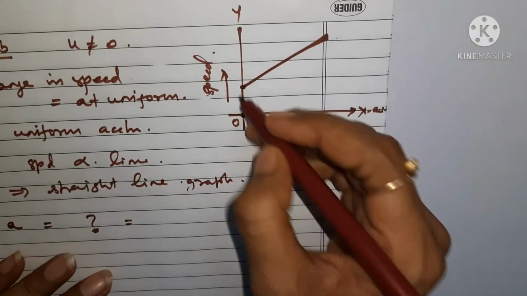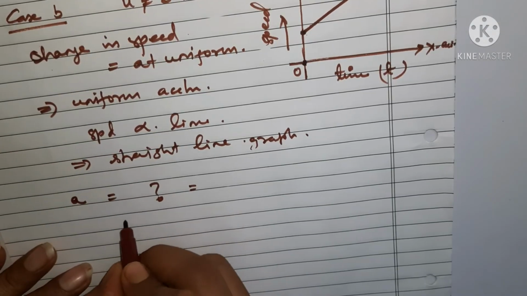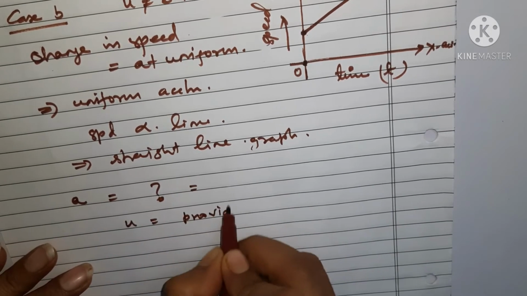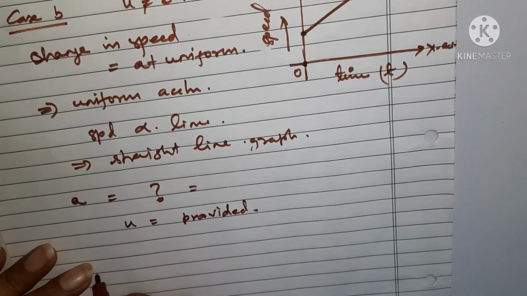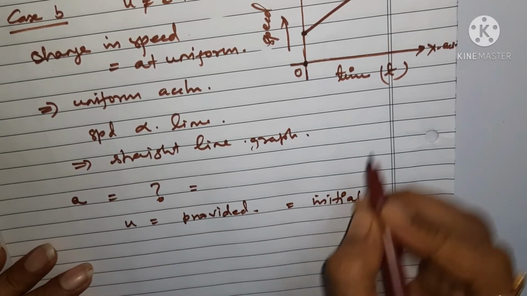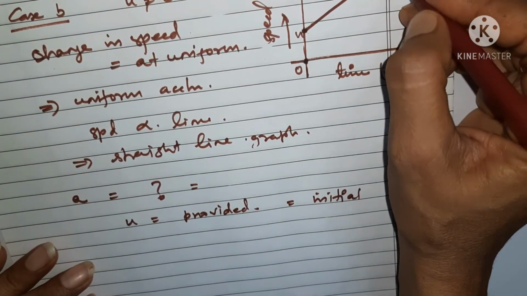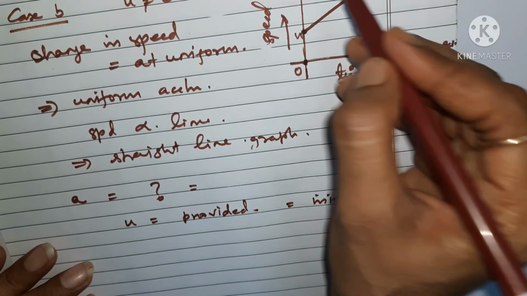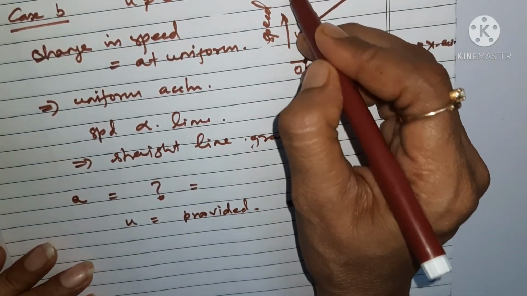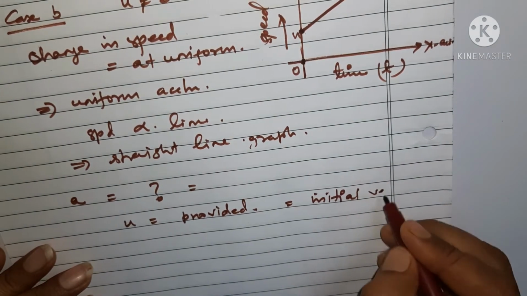Remember, in such cases, if the initial velocity is provided to you, there is some initial velocity u. u is the initial velocity. And if you reach a point, say v, say this is u, and there is some point here, v. This is the initial velocity, or you can say speed.